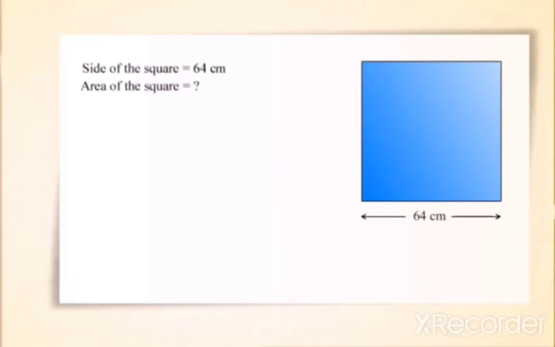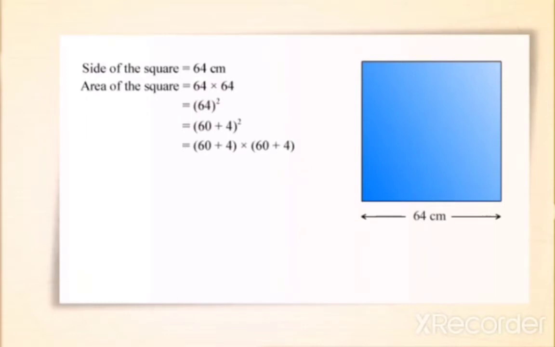Now you can solve the original problem. Find the area of the square with each side equal to 64 centimeters. The area of a square is equal to the square of the length of its side. Each side is equal to 64 centimeters. Therefore, the area is equal to 64 square. This can be written as (60 plus 4) whole square. You can solve the equation by expanding it as (60 plus 4) into (60 plus 4).